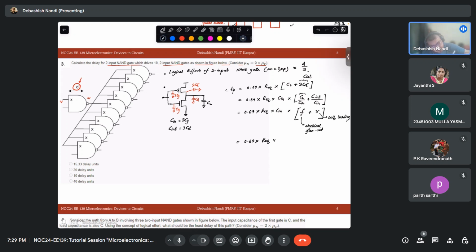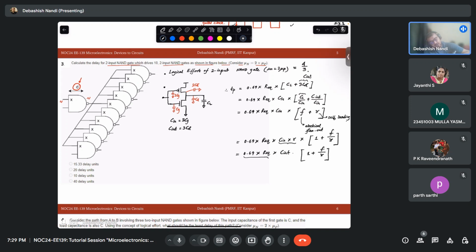R equivalent C in times gamma times 1 plus F over gamma. This you can write. So by the way, what is my C in times gamma? C in times gamma is nothing but my C internal. C internal times 1 plus F by gamma.